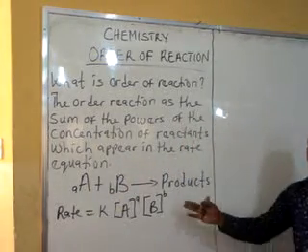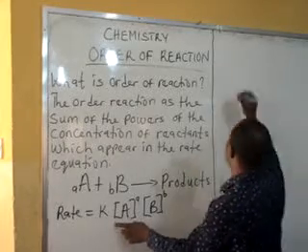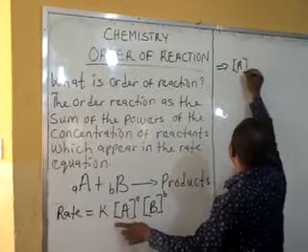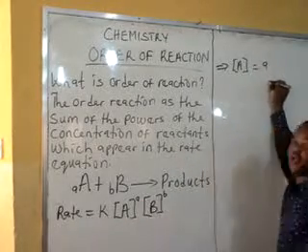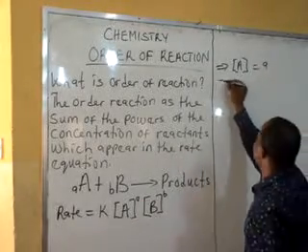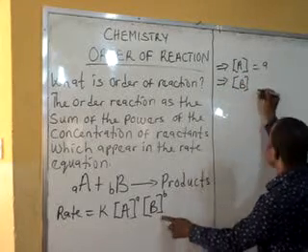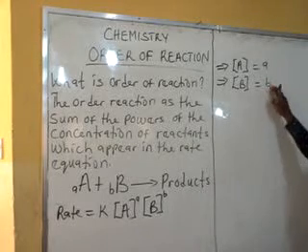So in respect to the concentration of A, the order of reaction will be the small a. Then, in respect to the concentration of B, the order of reaction will be equal to the small letter b.